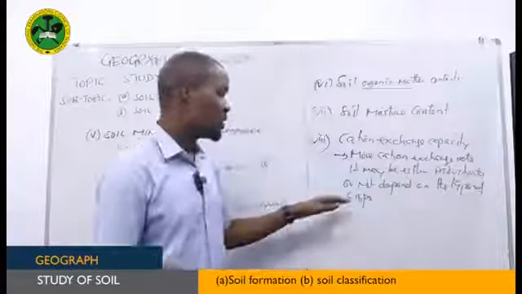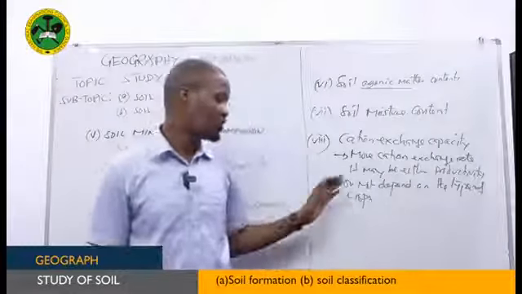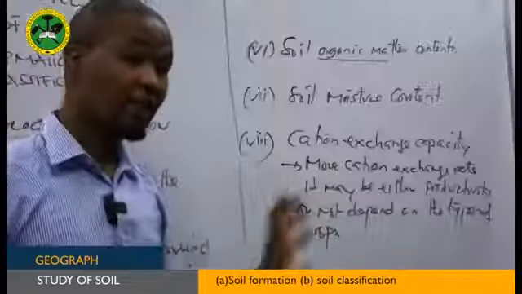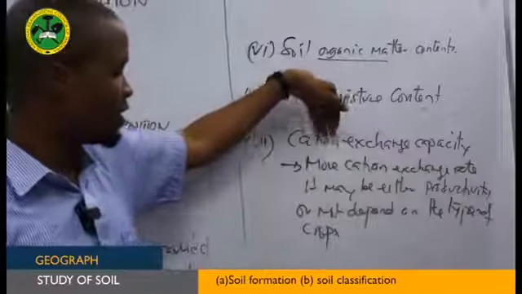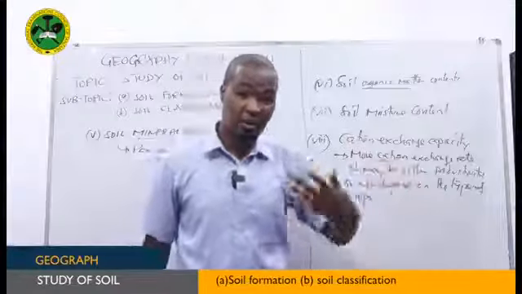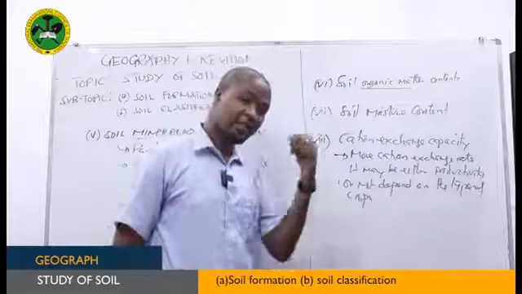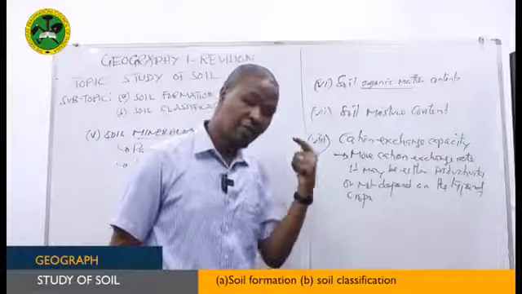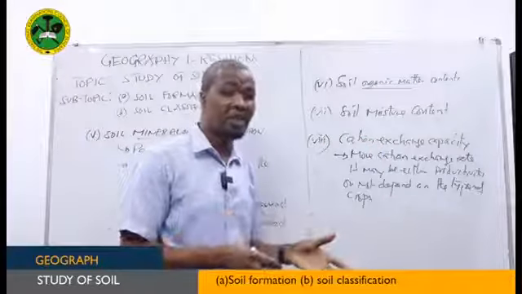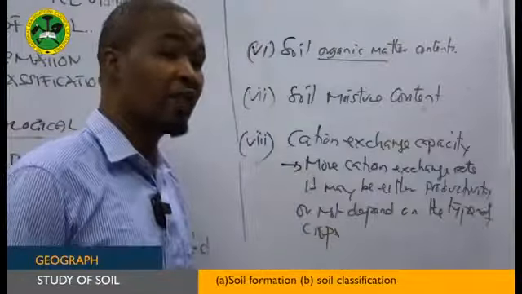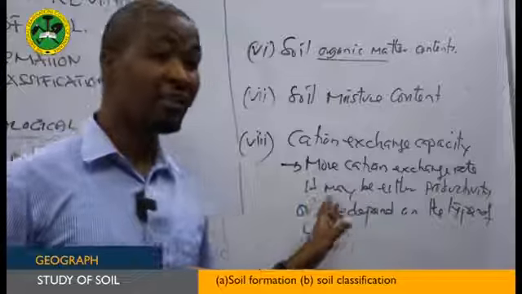Because some crops grow well in acidic soil, and some crops grow well in basic or alkaline soil. So it depends on the cation exchange capacity. Some cation exchange elements may replace the hydrogen ions inside the soil and make the soil more alkaline than before. Or if there is less cation exchange capacity within the soil body, the soil may remain acidic in nature, because of the presence of hydrogen ions inside the soil. So this soil will be more acidic.